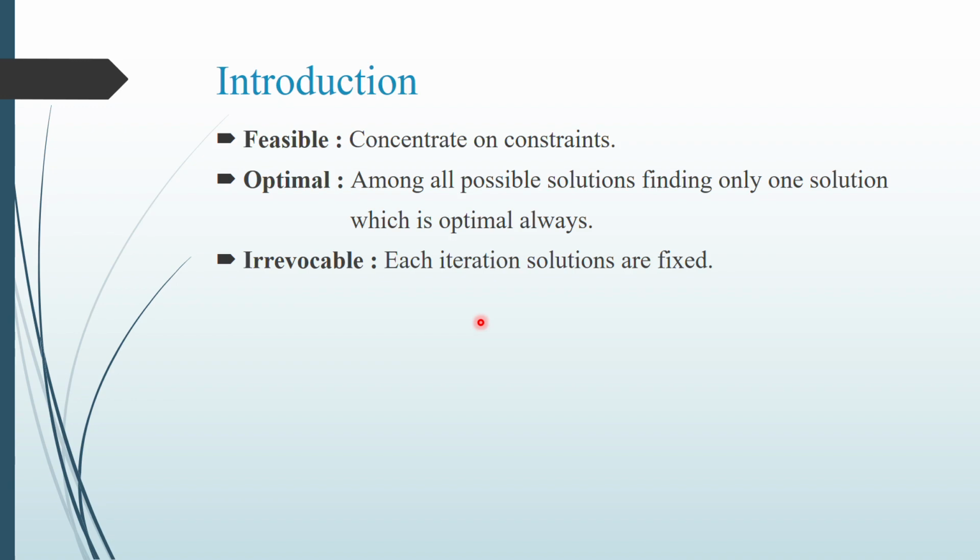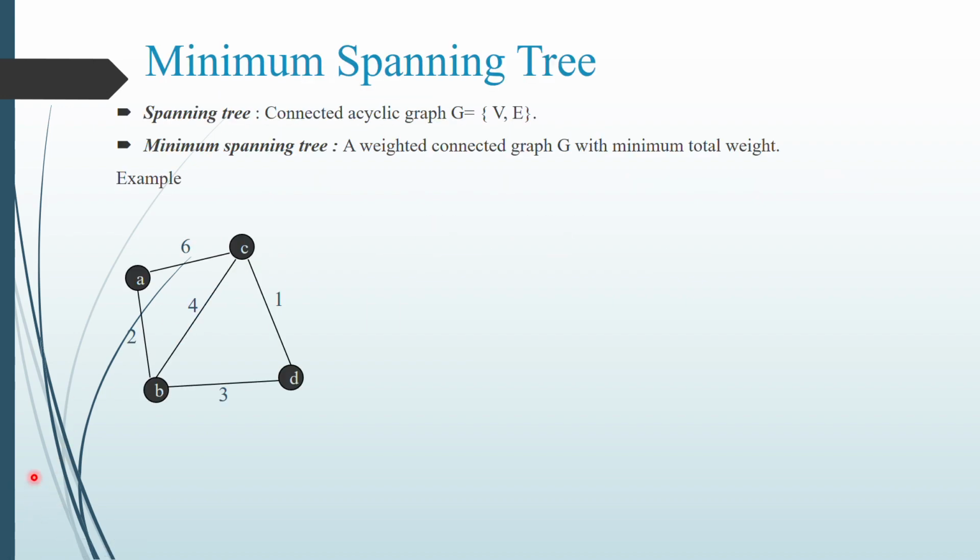Like that you repeat until you get the final solution. These are the three things you have to follow if you want to get an optimal solution. Now we'll see some of the problems and solutions for those problems under the greedy method.